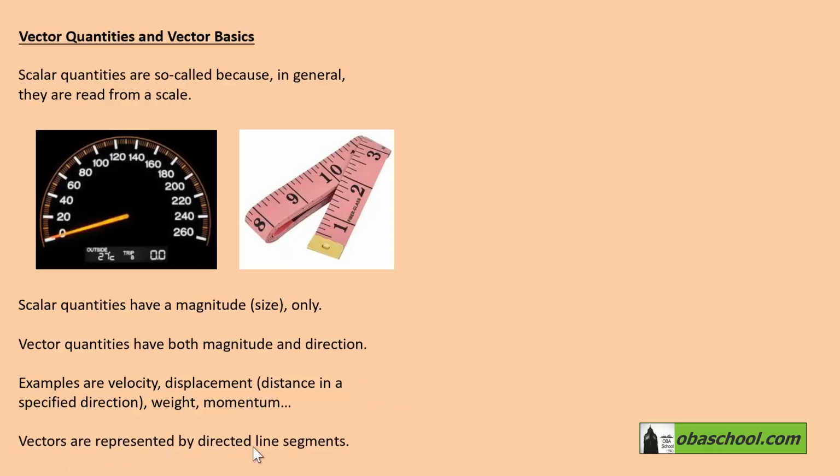Vectors are represented by directed line segments. And what we mean by that is part of a line with an arrow on it. So we might call this one AB or p. So the vector may be referred to as AB, the vector that goes from A to B, or as p.